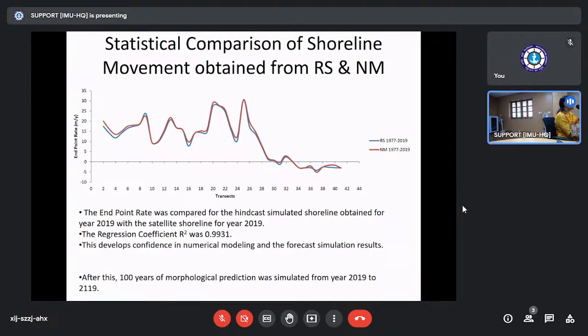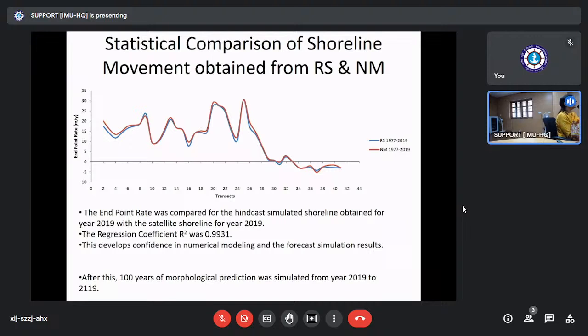Thus, it gives us confidence that our morphological model is working fine and the predicted results are reliable, which answers our question number 1.